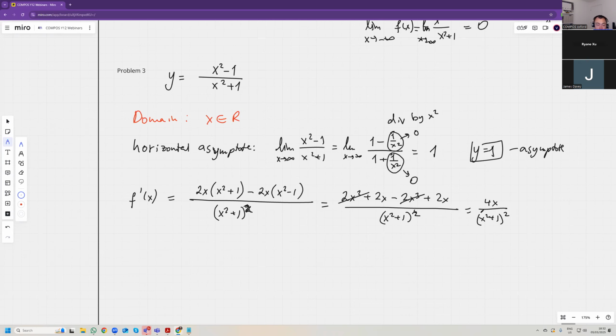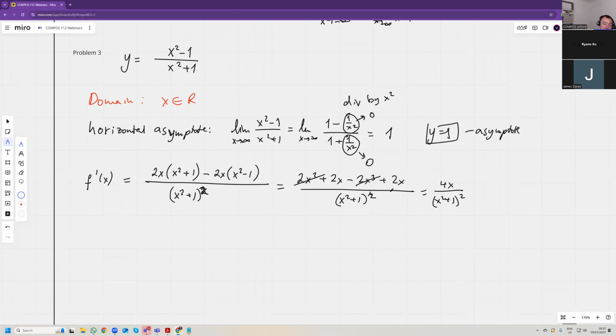And we can see that the only critical point is x equals 0. X equals 0 is the critical point. And f of 0 is minus 1. So 0, minus 1 is the critical point.